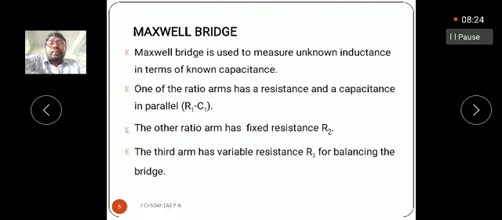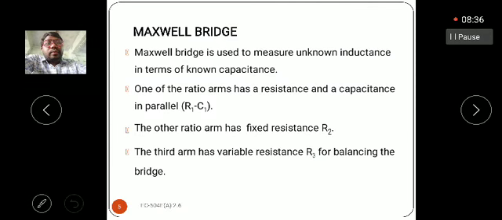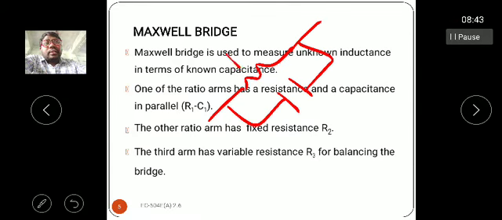For example, the first arm has resistance R1 and capacitance C1, and these two are connected in parallel. Like in the circuit diagram, the first arm is the resistor in parallel with the capacitor, that is R1 and C1.